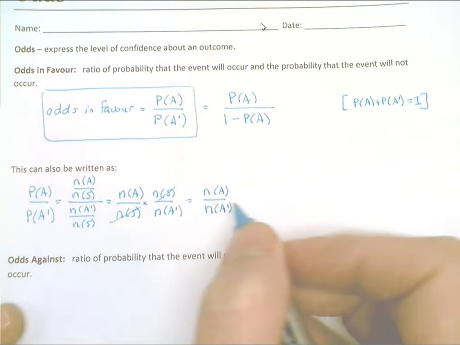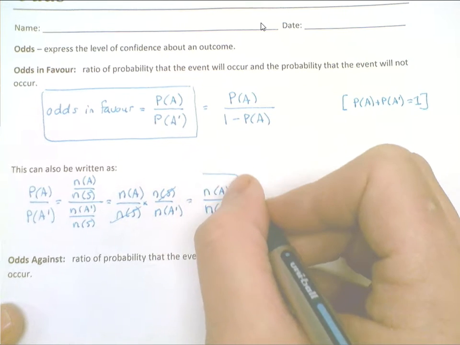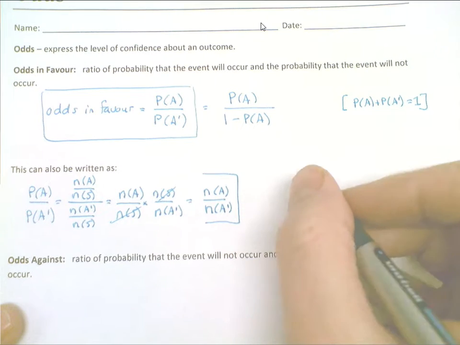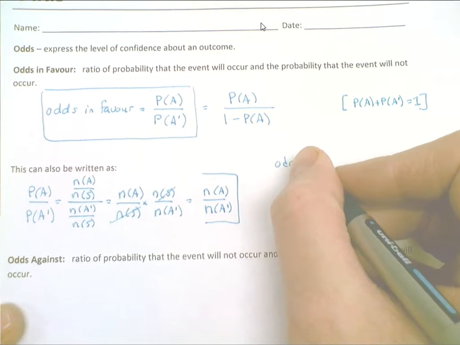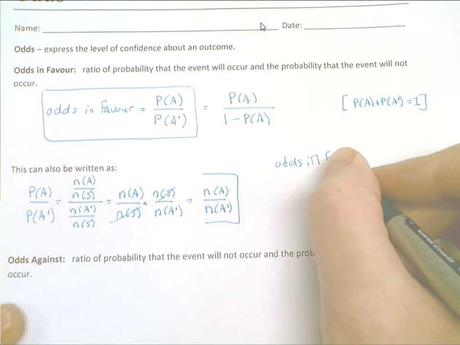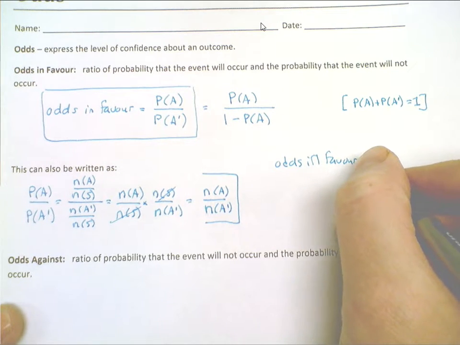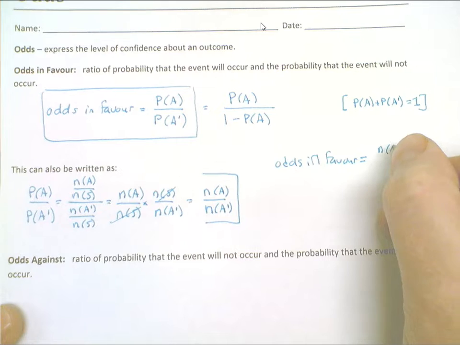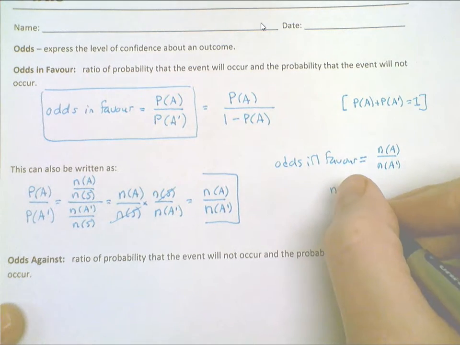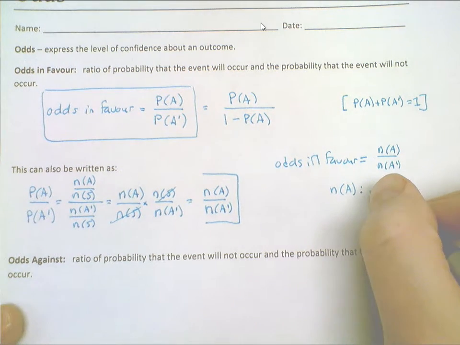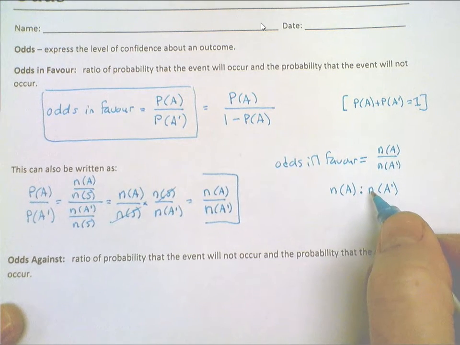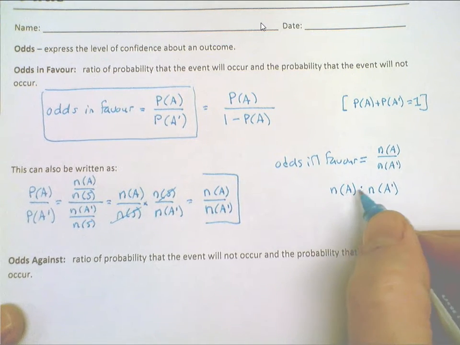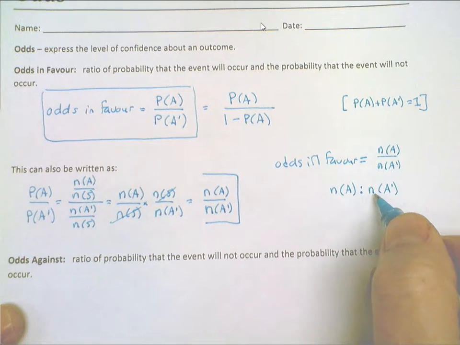So that's another way of thinking about the odds in favor. If you want to write this out, you could say the odds in favor equals N(A) over N(A complement). Sometimes you'll see it written like this, which is a very common way: like 1 to 2 odds, 1 to 3 odds, 3 to 4 odds, 10 to 20 odds, 100 to 1 odds, stuff like that.